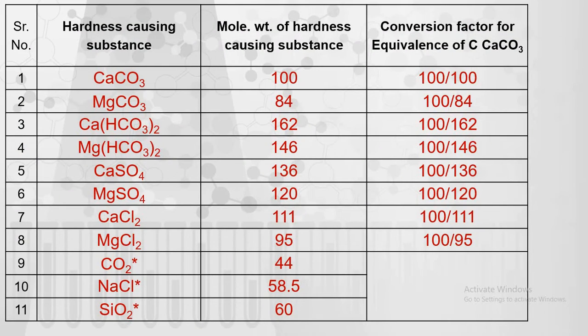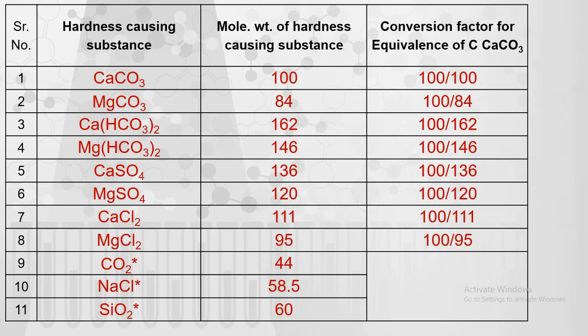You require this table also, because there are different salts which cause the hardness. The salts responsible for causing the hardness are calcium carbonate, magnesium carbonate, bicarbonates of calcium and magnesium, sulfates of calcium and magnesium, and the chlorides.